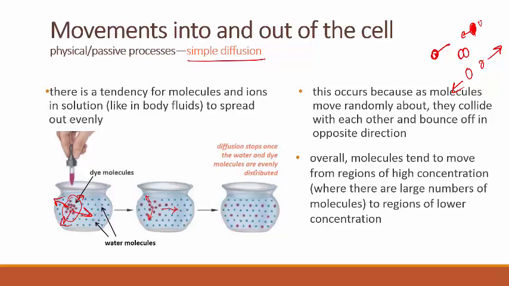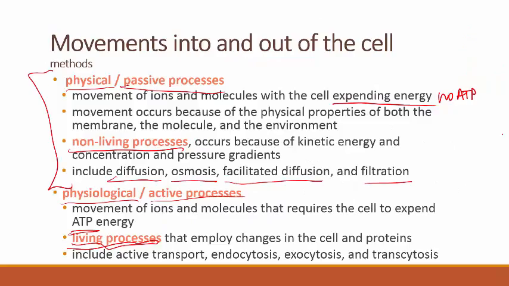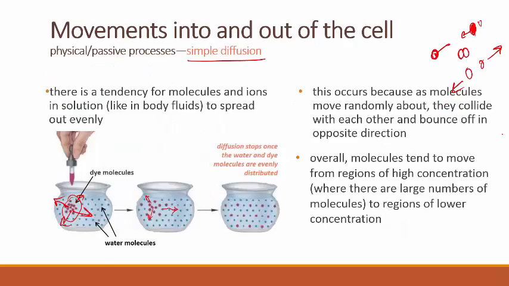So over time, because of all these random collisions among the dye molecules, we'll see that the food coloring molecules are going to wind up being evenly distributed throughout the solution. So with simple diffusion, we move molecules from regions of high molecule concentration to regions of lower molecule concentration.